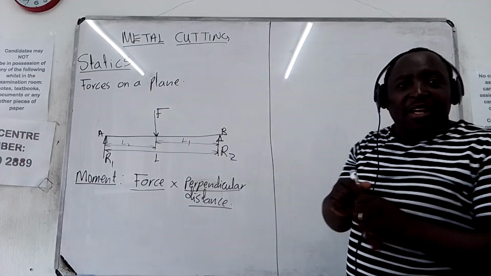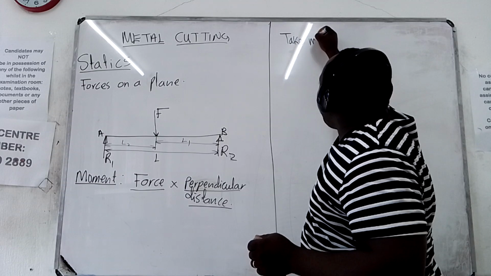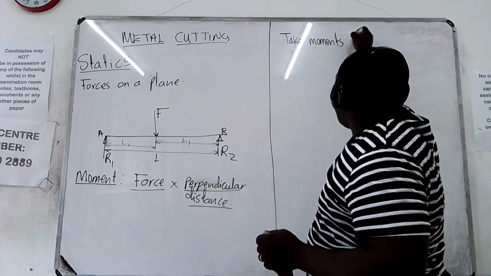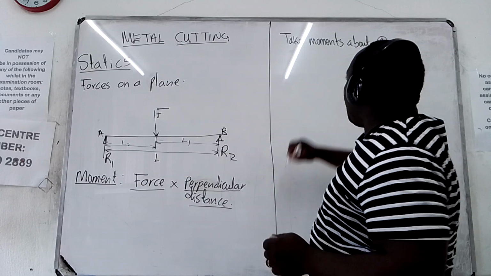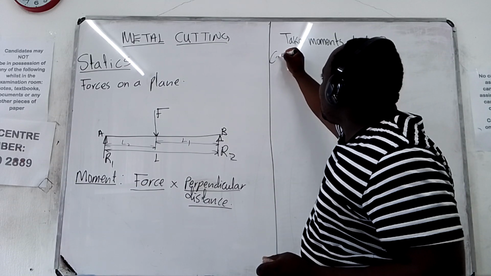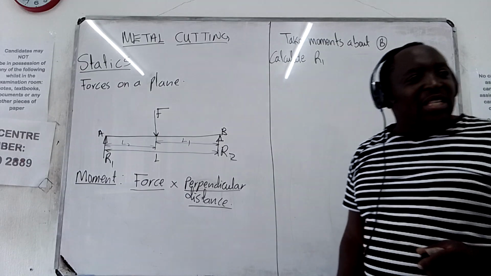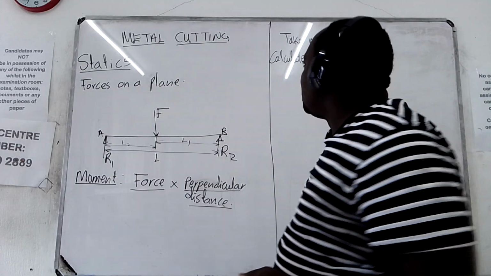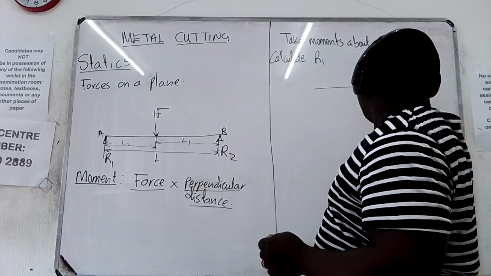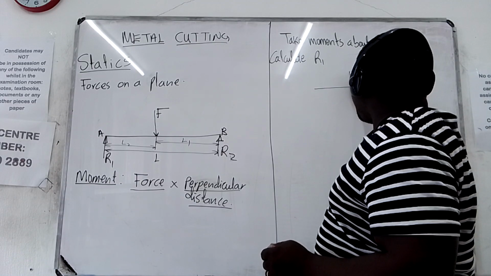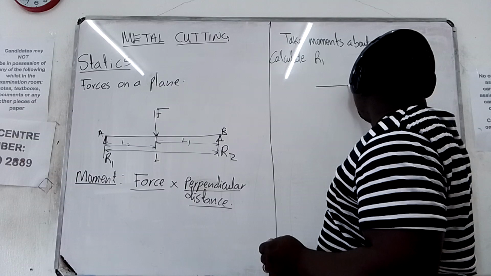So now, using the concept of the seesaw, we are going to take moments about B, and calculate R1. Your drawing will be like this. B becomes neutral.